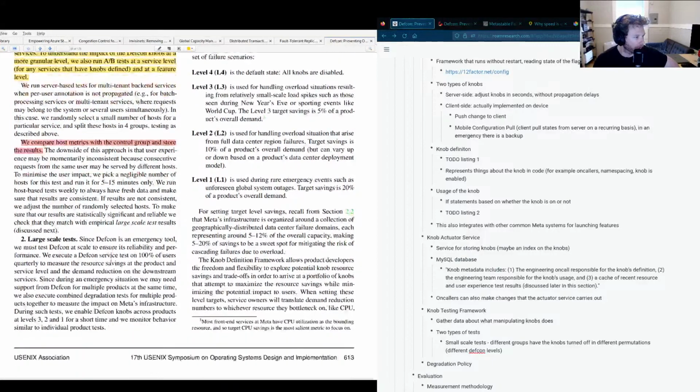Then they have large-scale tests. Quarterly, 100% of user tests.